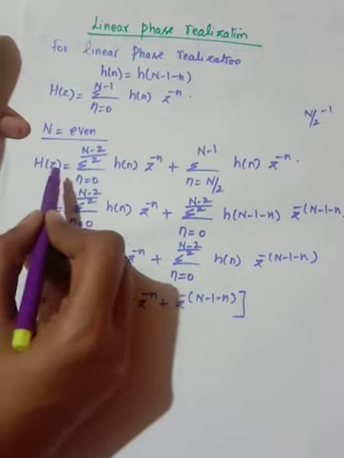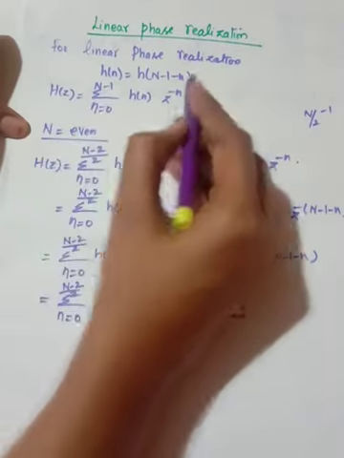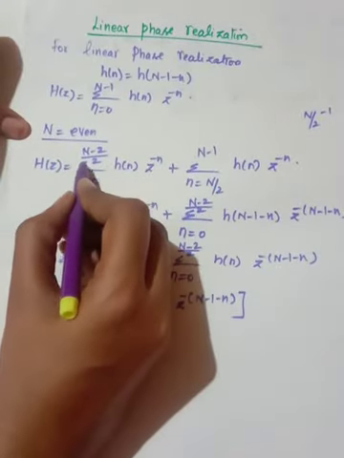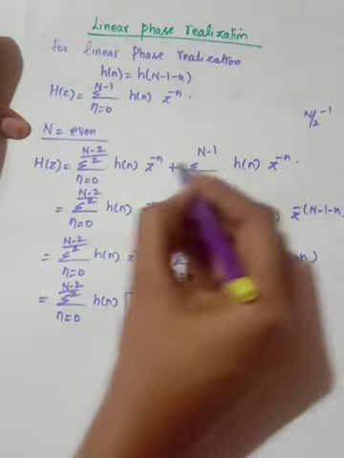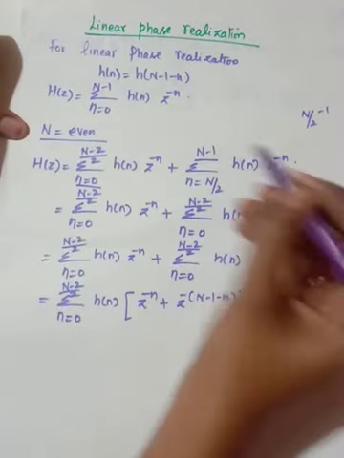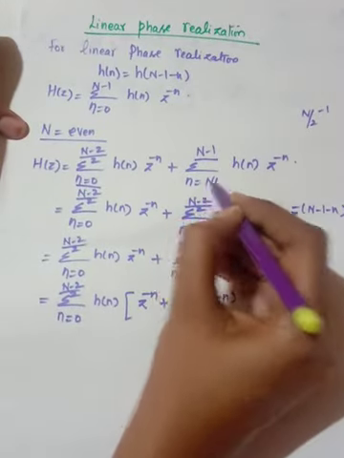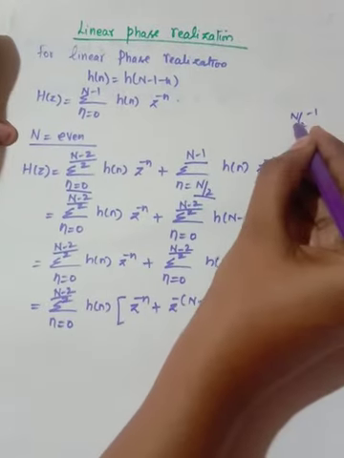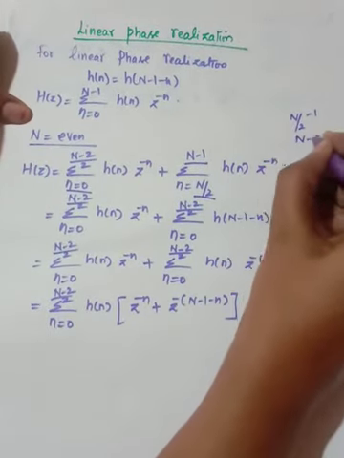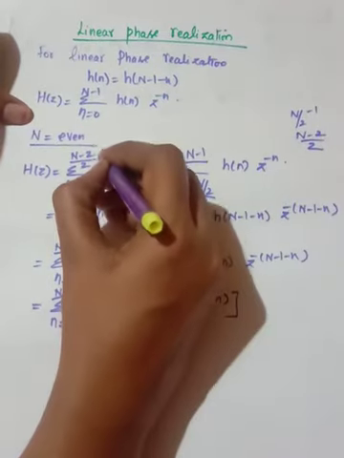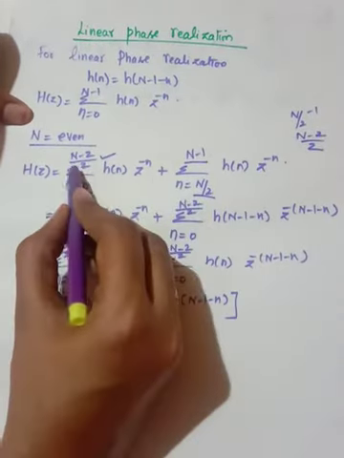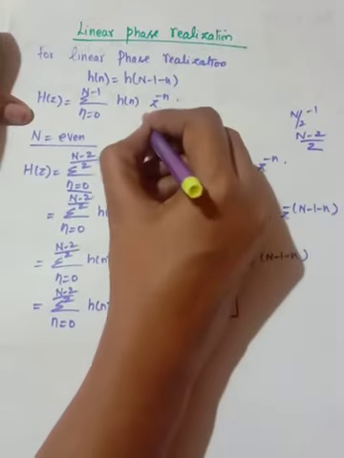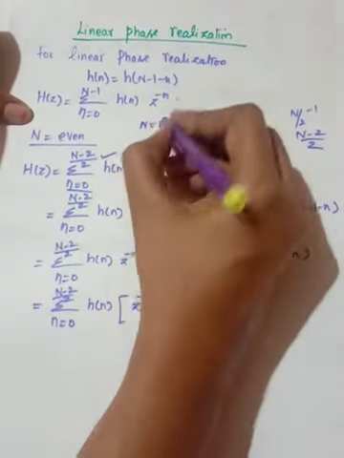Here H of z, if this N is even, I am going to split into two halves. The total length is 0 to N minus 1, so I am going to split with the center at N by 2, and the previous sample is N by 2 minus 1, so you will get N minus 2 by 2. That's what I have written here. So I have divided the even samples. Suppose N is equal to 8, so substitute N is equal to 8 here.